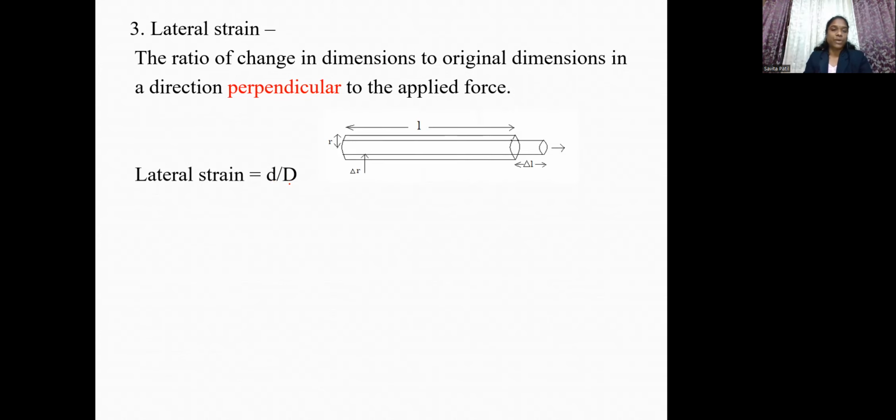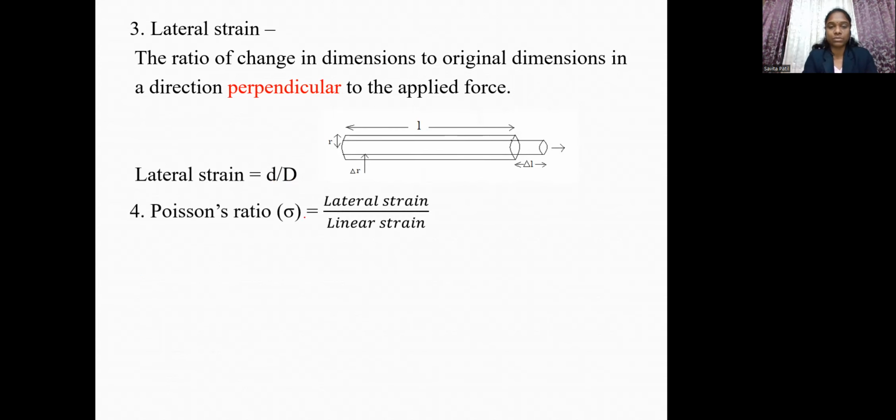Now let us write the equation for Poisson's ratio. Poisson's ratio, sigma, is equal to the ratio of lateral strain to linear strain.